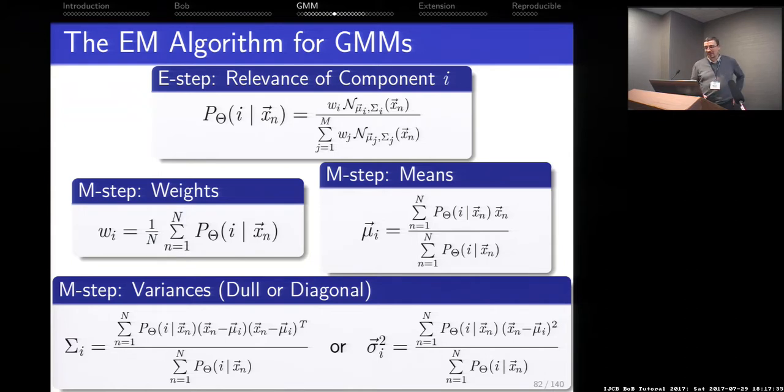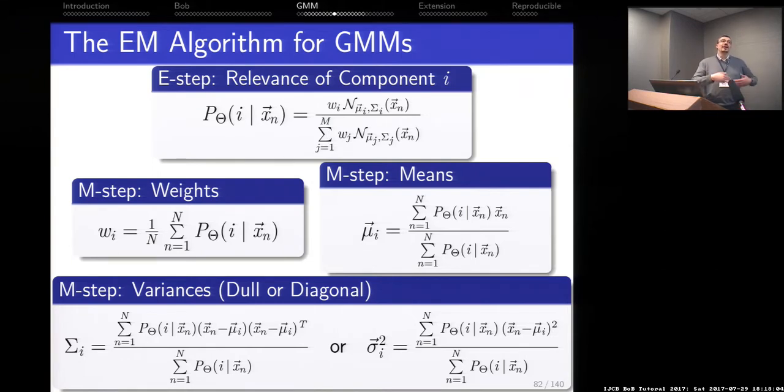These are some implementation details. So the E step is, as I said, you estimate the relevances. For each point in your data set, you compute the probability that this point is covered by that Gaussian in the GMM, divided by the total sum over all the Gaussians.